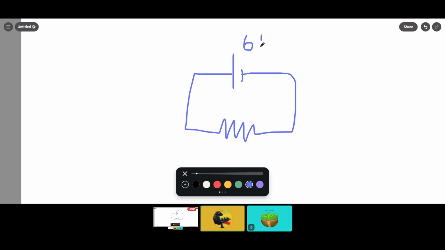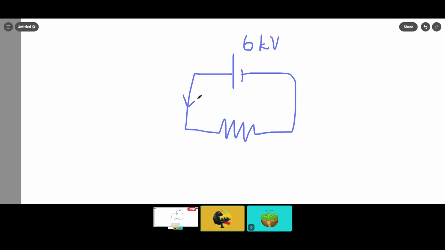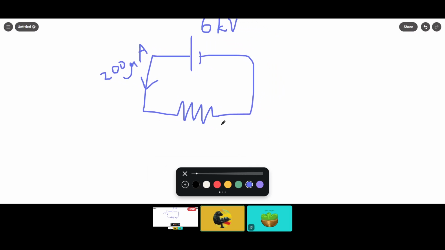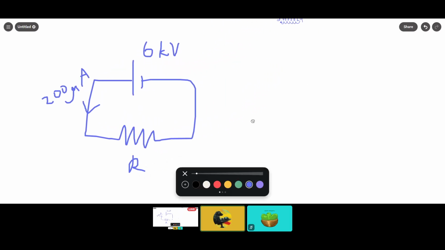This is 6 kilovolts, and the current is 200 microamps. With this, can you find me the resistance? What is R? So this is a test question. Pause the video now to try and do it yourself.